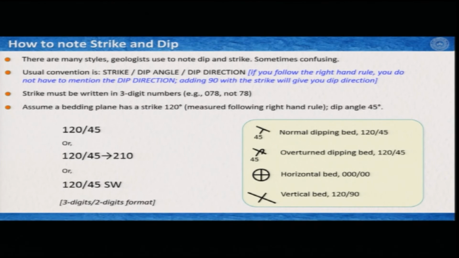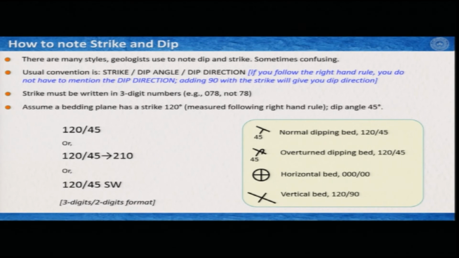There is also a very important convention that you have to remember when you write strike or anything you are measuring on the horizontal plane. Any azimuth you have to write using 3 digits. So, if your strike is 78 degrees, do not write 78, write 078. It must be in 3 digits.